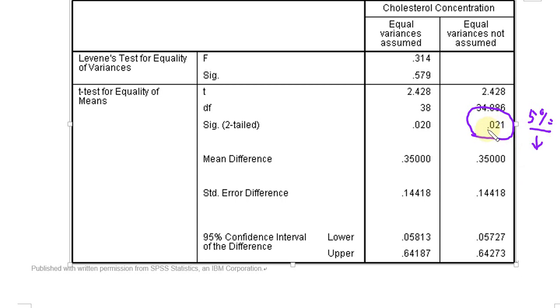Your possibility of being wrong is 0.02, meaning it's below 2%. According to the result of the T-test, your hypothesis should be accepted. But prior to interpreting this, prior to confirming your T-test, you have to check what?